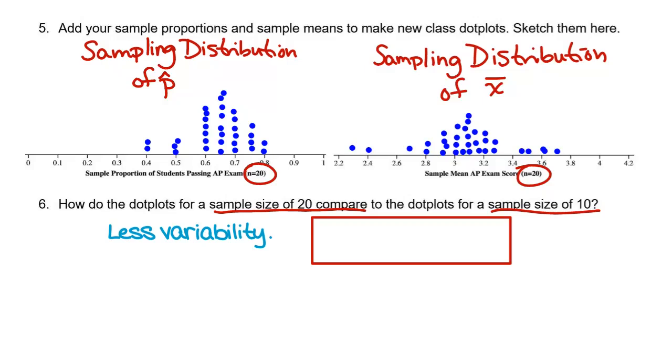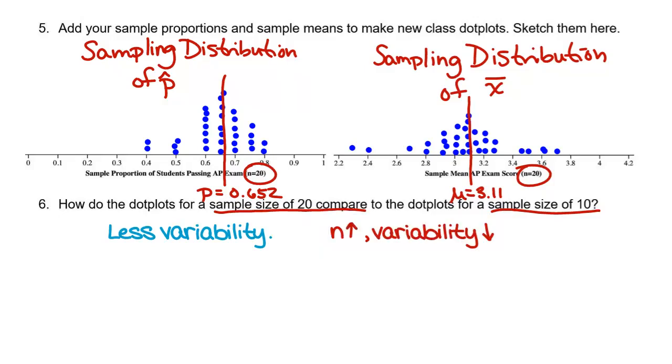Worry about basic shape. Middle is somewhere between 3 and 3.1. Remember, right about here is p, 0.652. And right about here is mu, 3.11.